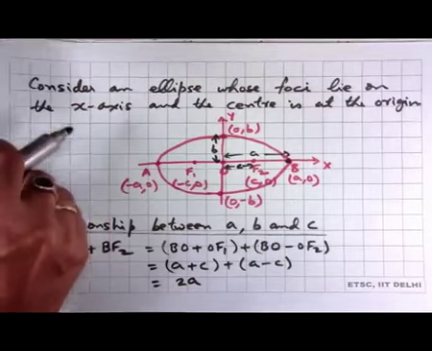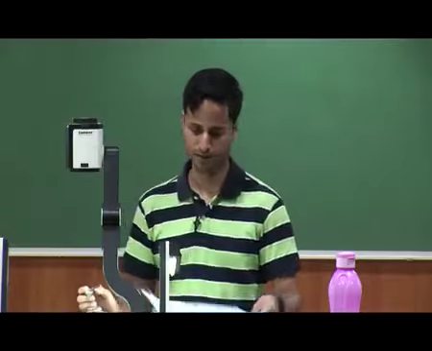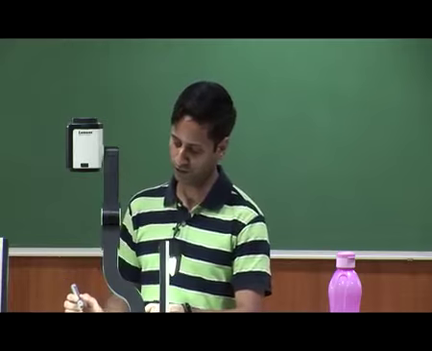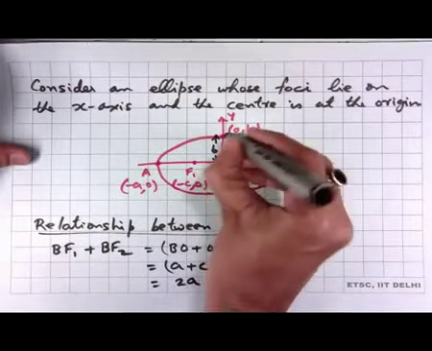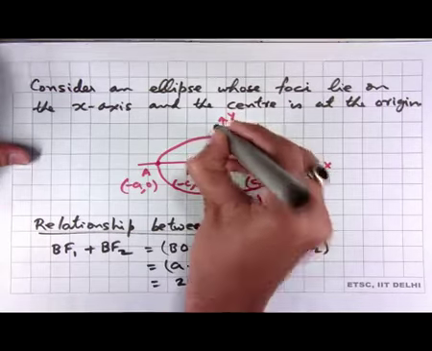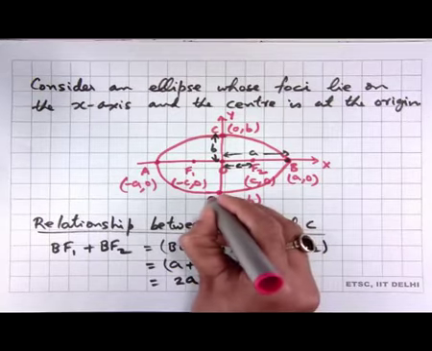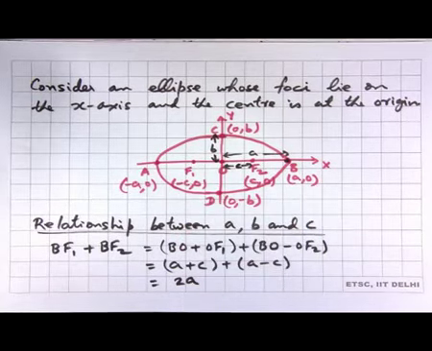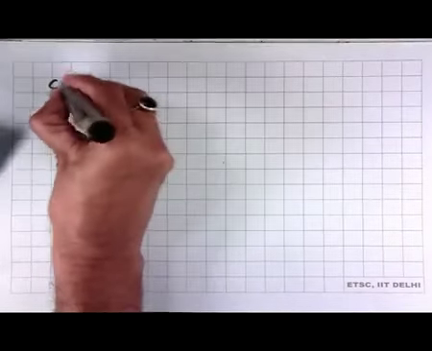Similarly, let us calculate the distance for this point, let us call this point C and D. What is CF1 plus CF2?